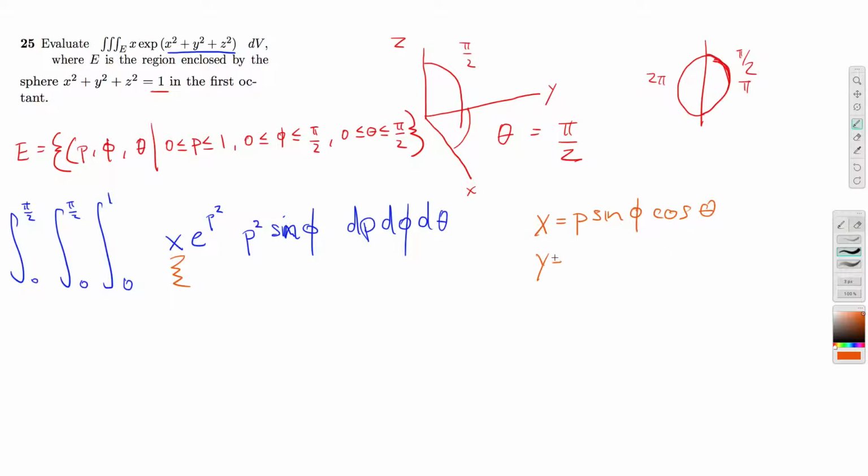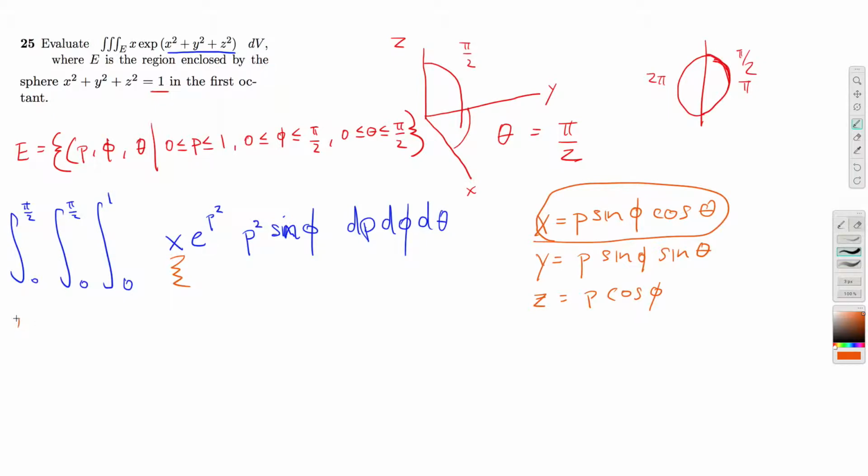And y would be, we don't have y, but it would be rho sine phi sine theta. And z would be rho cos phi. But we're just concerned with this.